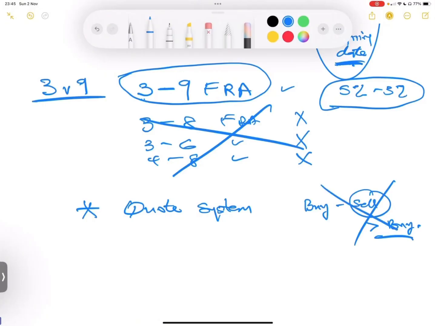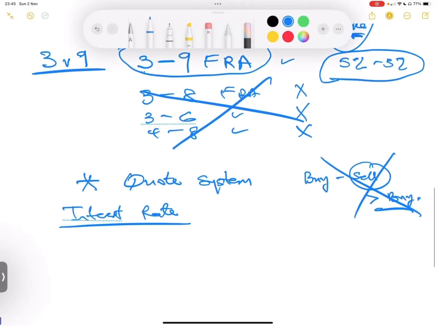That is for currency. For interest rates, you need to understand the way the quote is slightly different. And it's not that the principle is different. The principle is still the same thing.